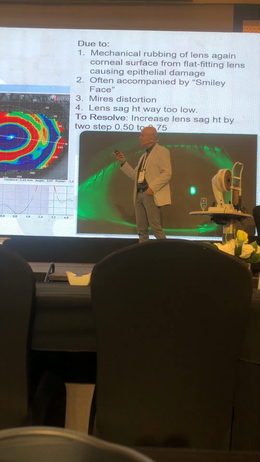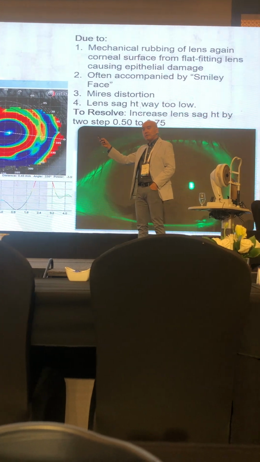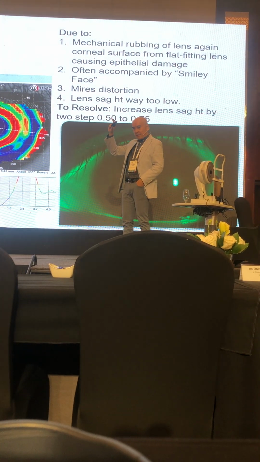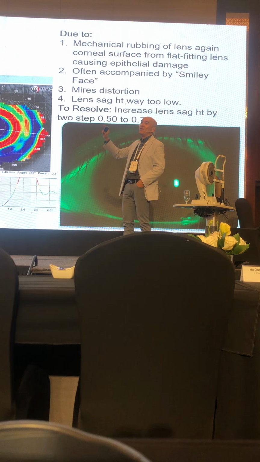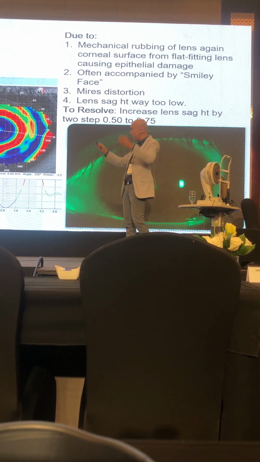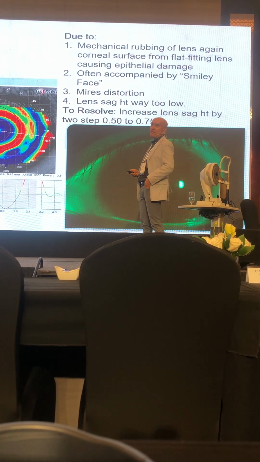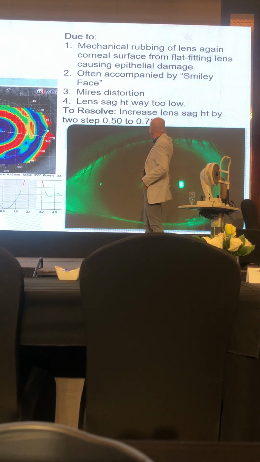Another interpretation is that the lens sagittal height is too low, lower than the cornea sagittal height. And therefore you have a mechanical rubbing, the back surface of the lens rubs against the cornea epithelium and causes erosion.